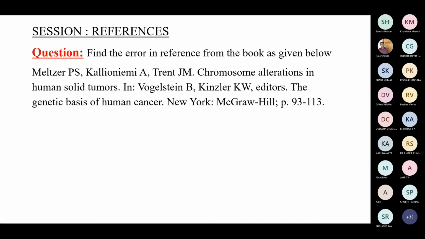I would like the students, any one of you, if you want to answer, you can unmute. Do you find anything missing in this? The author is there, the title is there, the book is there, the editor is there. What is missing?